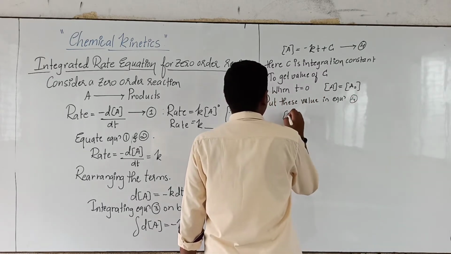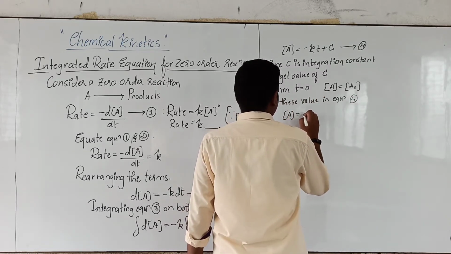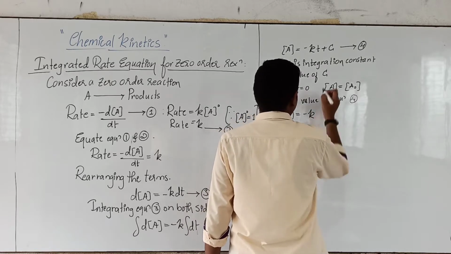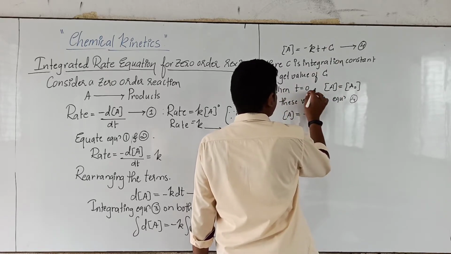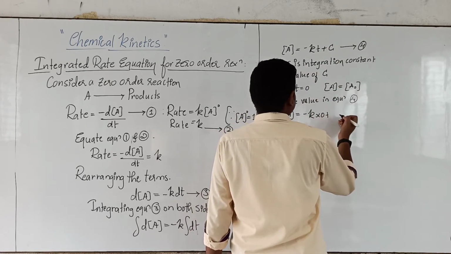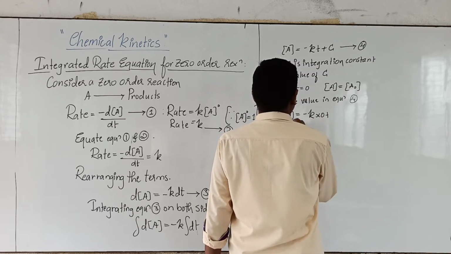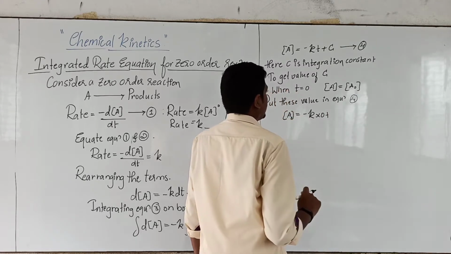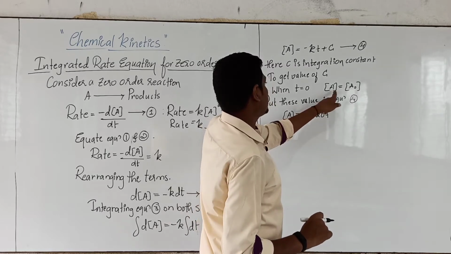So what you will get? A is equal to minus k into t. What is the value of t? t is equal to 0, plus, when t is equal to 0, the value of A will be A naught.